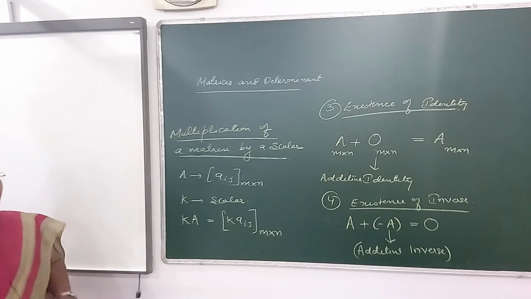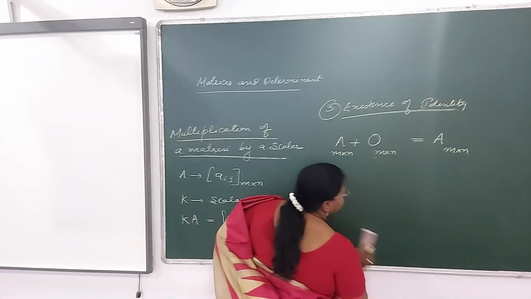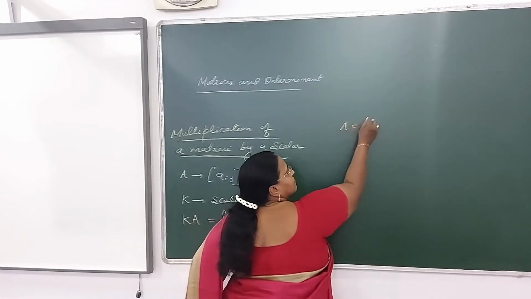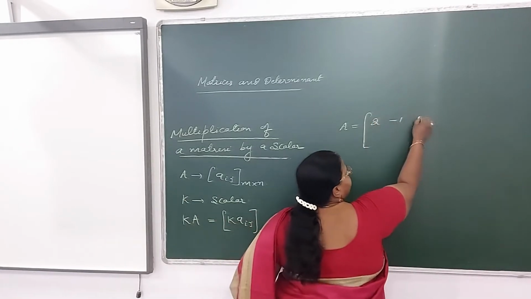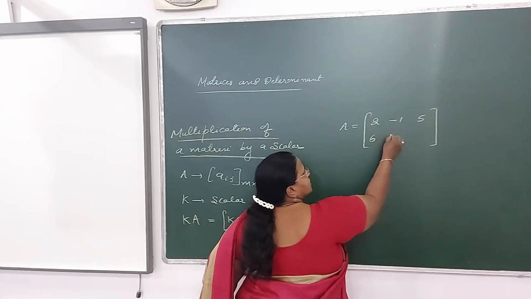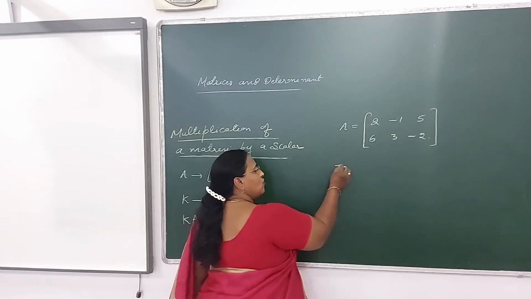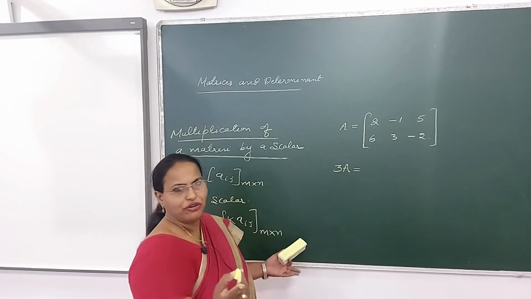Now let us take an example for this. Let A be the matrix with rows 2, minus 1, 5 and 6, 3, minus 2. What will be the value of 3 times A? It's very easy. What do you have to do?